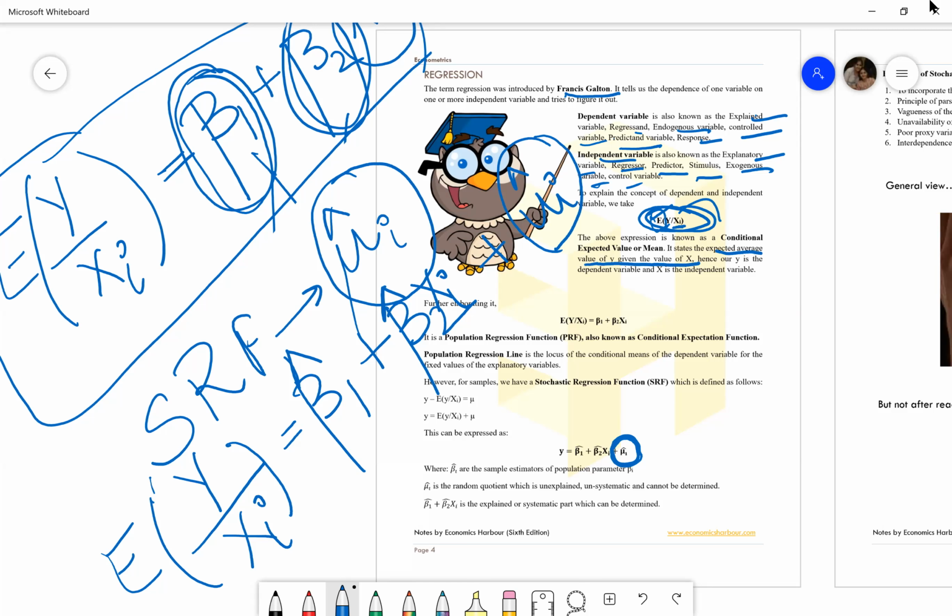But in some models, this is so low, so close to zero, that some models even ignore it, as its value does not have any impact on your dependent variable.